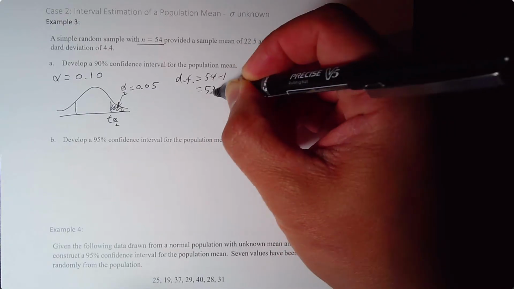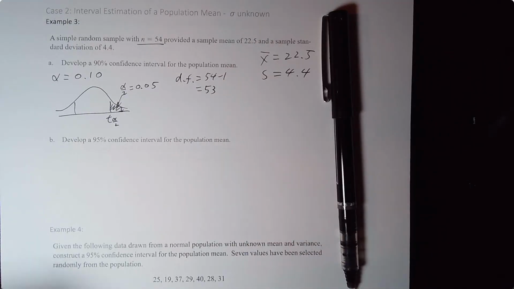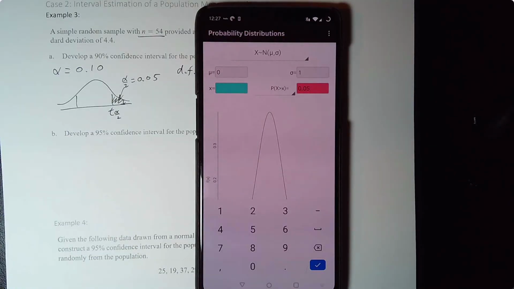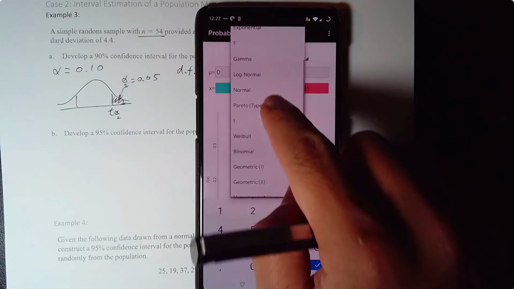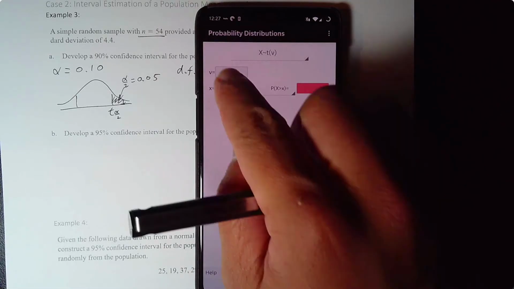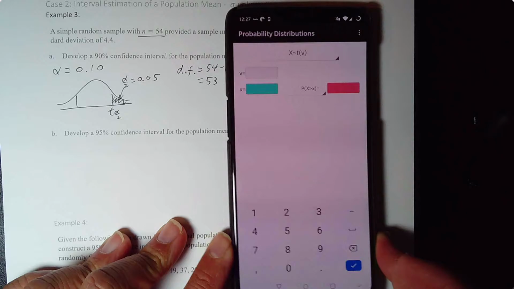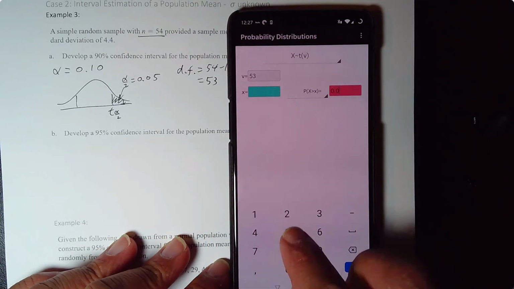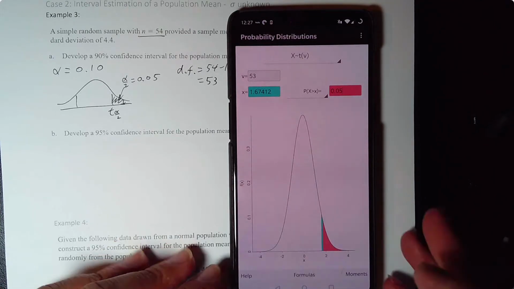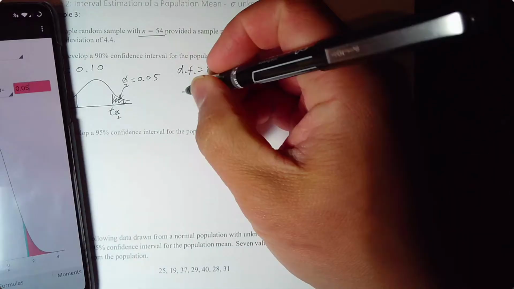So I looked it up: go into t distribution, because I don't have sigma. My degrees of freedom is 53, and the area I'm looking for is 0.05. That is 1.674.